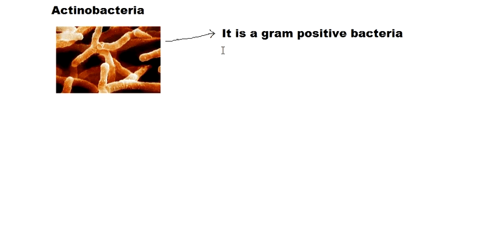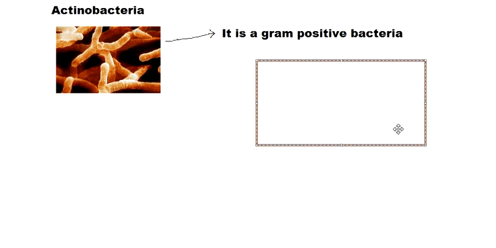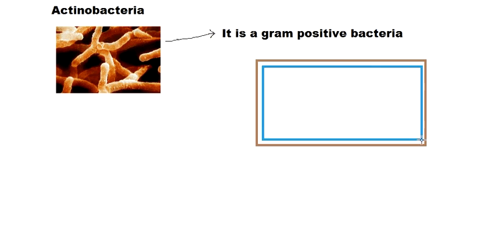For it to trap them, if we think logically, on the outside there will be a cell wall like this, and then there will be the cell membrane, only one cell membrane. When we put the crystal violet, it enters the cell wall and gets trapped, and when we wash it with alcohol, the cell membrane doesn't get washed because it has a covering of the cell wall.